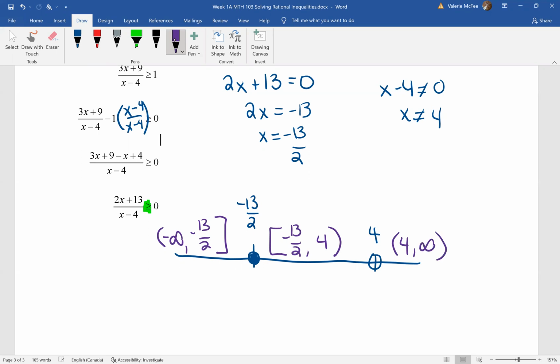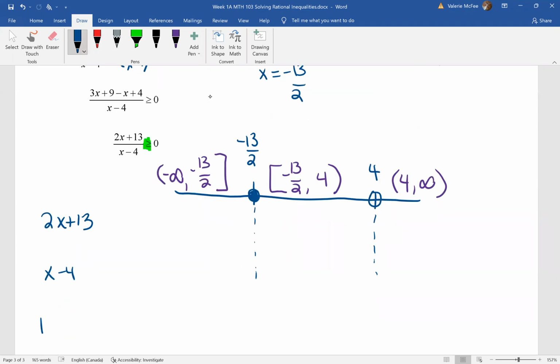Both of those are open brackets. So again, we want to write our numerator, 2x plus 13, our denominator, x minus 4, and the rational expression all down the left.